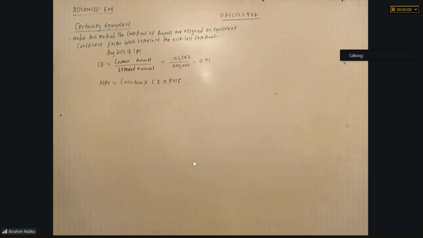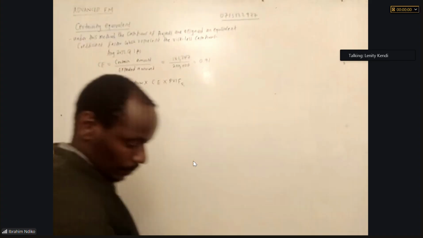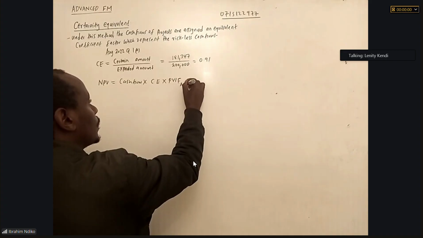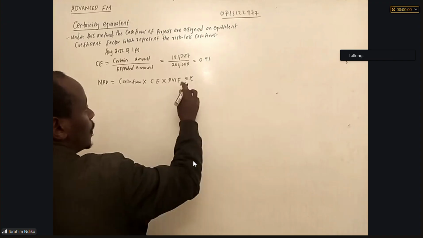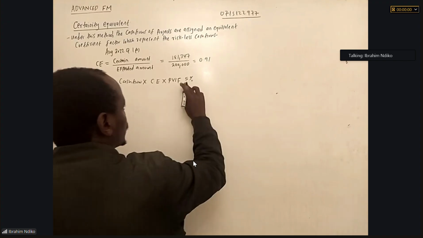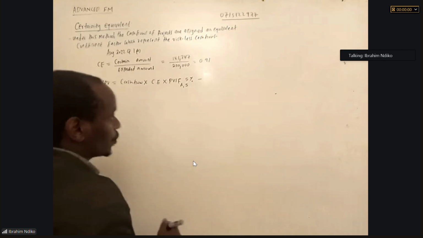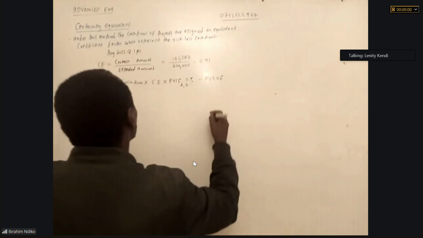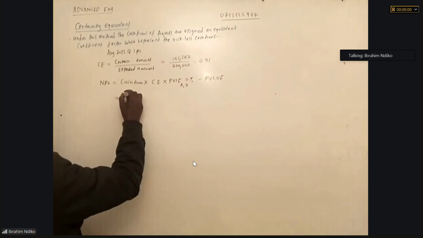We have been given the risk-free rate of return is 5%. Project for how many years? For 5 years. So annuity 5 years. And then we less our cost. What is our cost? The present value cash outflow, 500,000.